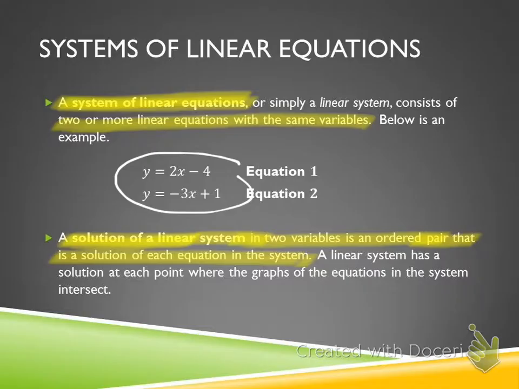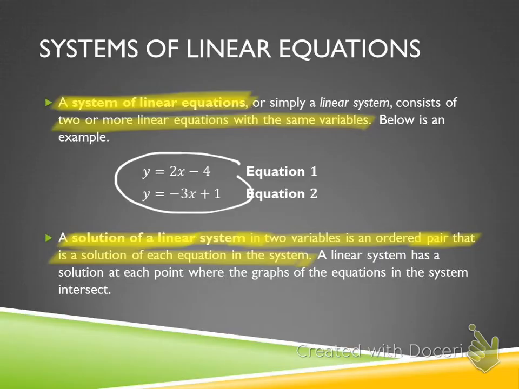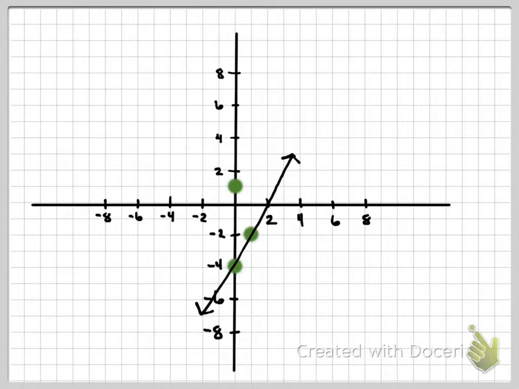Okay, then my y-intercept for my second equation is at a 1, so I plot my point at the 1. And then that slope is -3, so I go down 3, 1, 2, 3, and I go over 1 again. So my point's going to be on the same point, and then I'm going to draw my line through there.